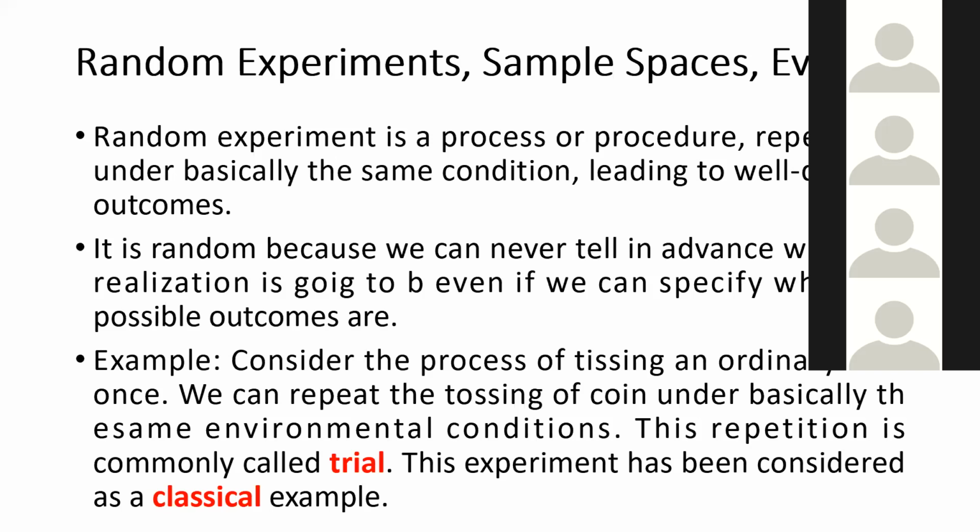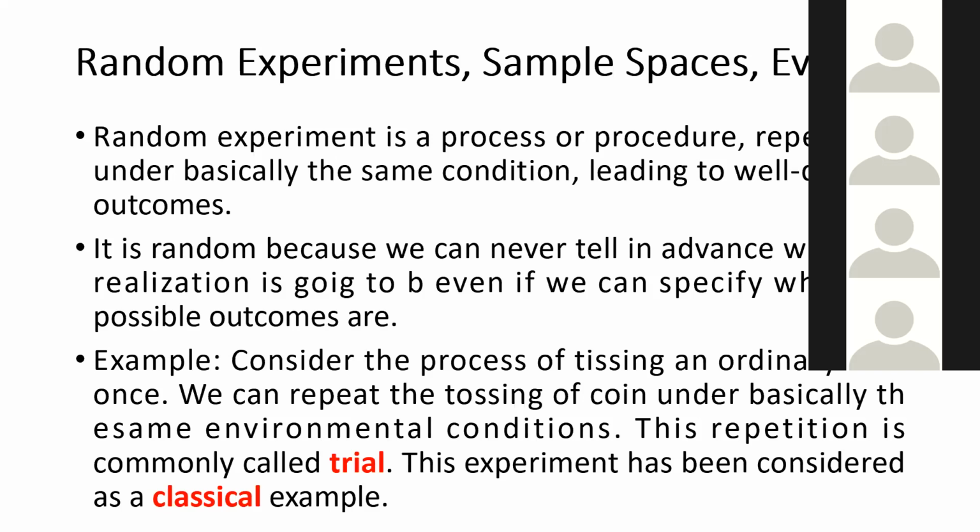Okay. So para mas maintindihan what we mean by random experiment, what do we mean by trial and classical example? So commonly example is tossing a coin. When we toss a coin, that is random experiment because we have a process. We toss it. And we repeat when we toss a coin twice or thrice, under basically the same condition. Wala kang ibang gagawin.